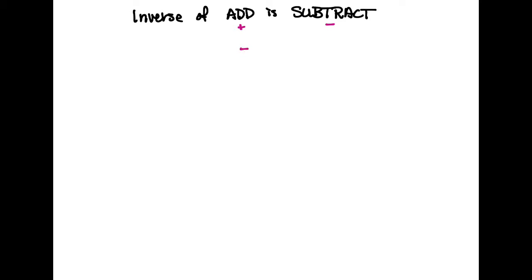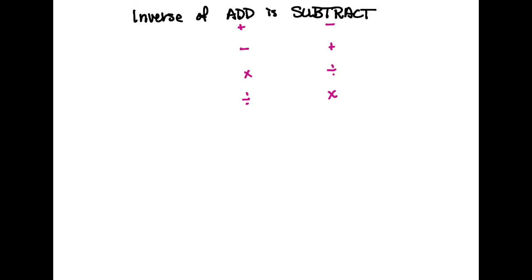The inverse of subtract is add because you check a subtract problem by adding. The inverse of multiply is divide, and we'll get that in a future section. And the inverse of divide is multiply.